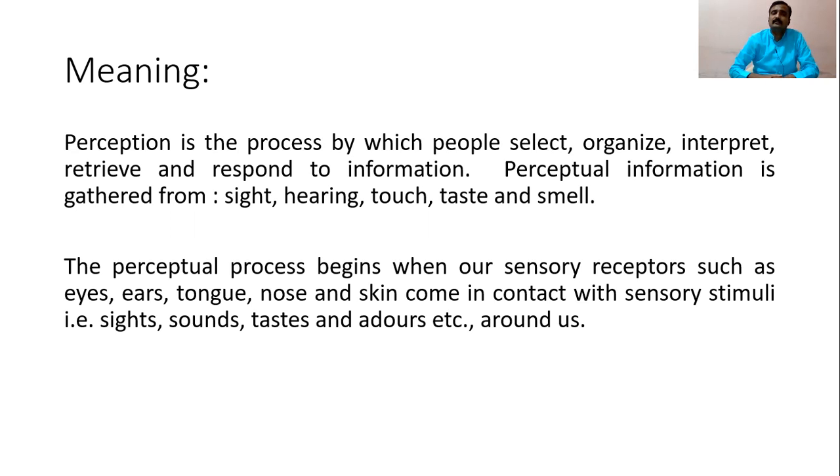The perceptual process begins when our sensory receptors such as eyes, ears, tongue, nose, and skin come in contact with sensory stimuli, that is, sights, sounds, tastes, and odors around us. Through vision, through the eyes, we can see the features and attributes of the product or services.